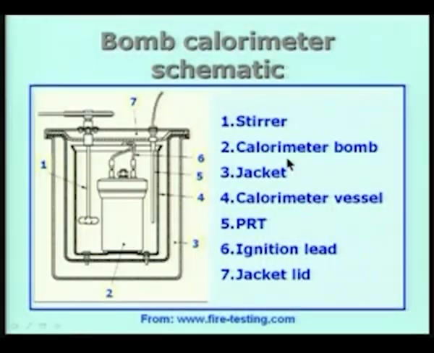So, what I have here is a bomb calorimeter. The schematic is shown, I have taken it from the manufacturer's catalog, www.fire.testing.com. They manufacture this particular bomb calorimeter unit, and let us look at the schematic and understand the need for each one of the parts, and then look at the analysis of the bomb calorimeter.